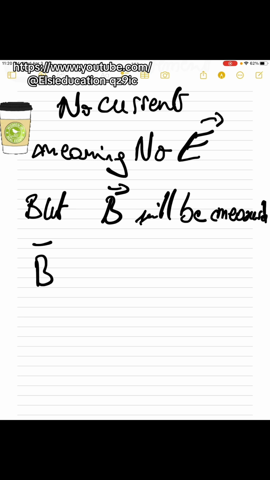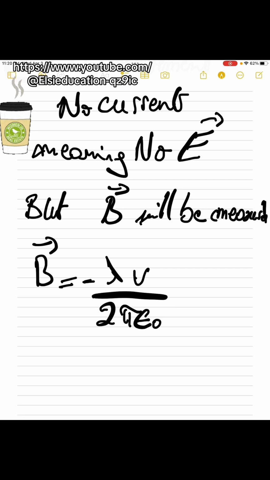That means the magnetic field is equal to minus the linear density multiplied by the speed divided by 2 pi constant c square, divided by the radius multiplied by the distance.